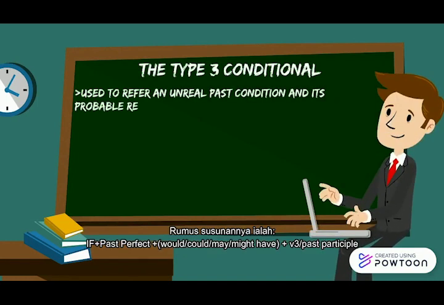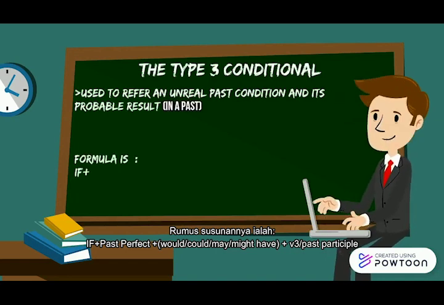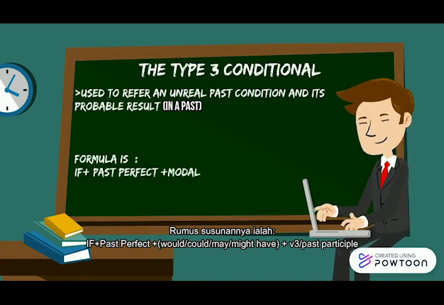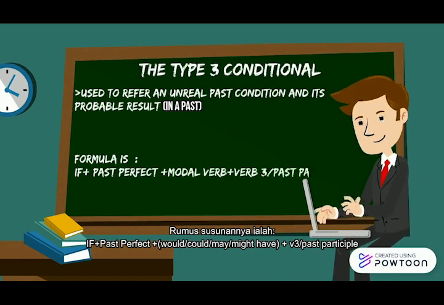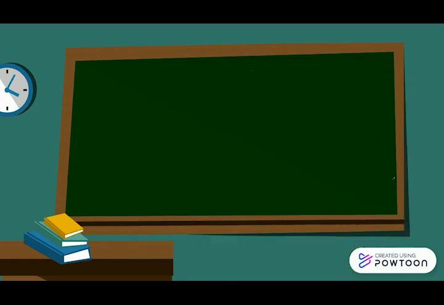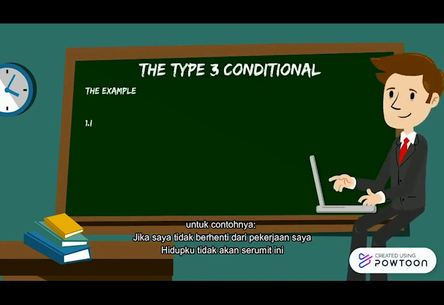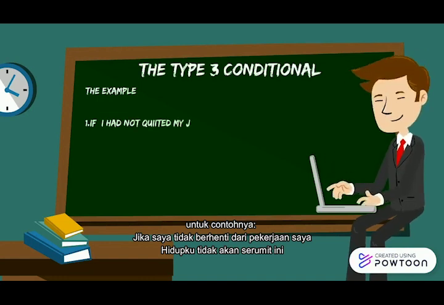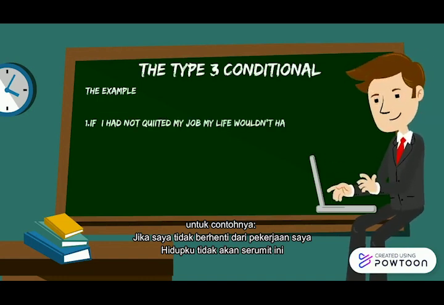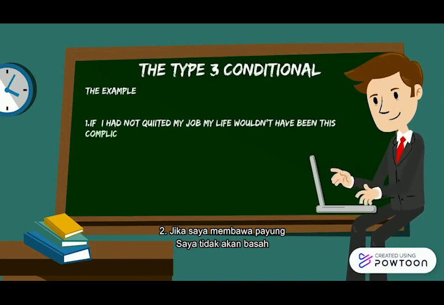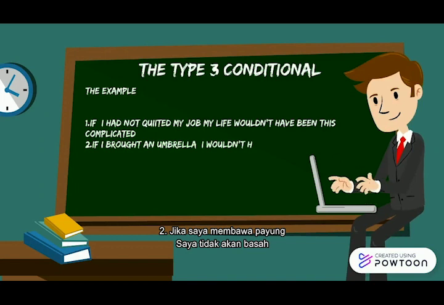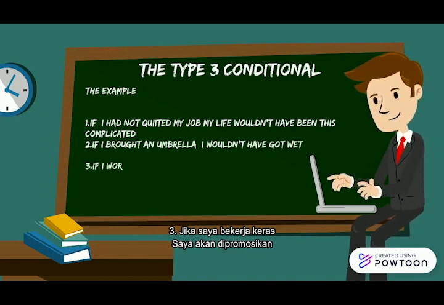The formula is if plus past perfect, then perfect conditional: would, could, may, might, have, plus verb 3 or past participle. For example, 1. If I hadn't quit my job, my life wouldn't have been this complicated. 2. If I had brought an umbrella, I wouldn't have got wet. 3. If I had worked harder, I would have got promoted.